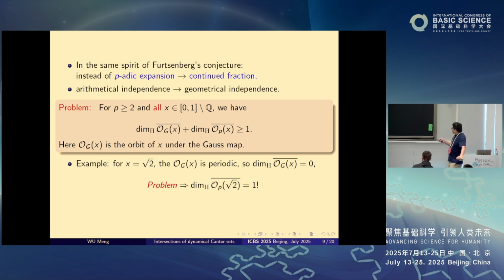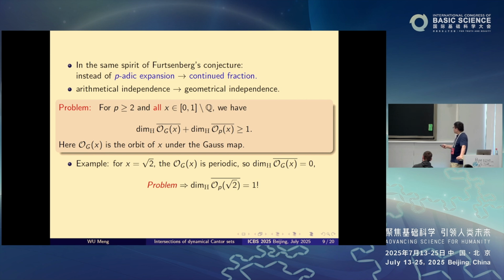Of course, this is too ambitious as a conjecture, it's just a dream. For example, if this is true, if you take the square root of 2, we know that this is a quadratic algebraic number, and the continued fraction expansion of the square root of 2 is periodic. So in particular, the complexity is 0. And if this conjecture is true, then this will imply that the square root of 2 will have full complexity for any base p.